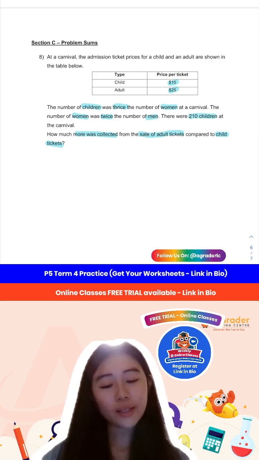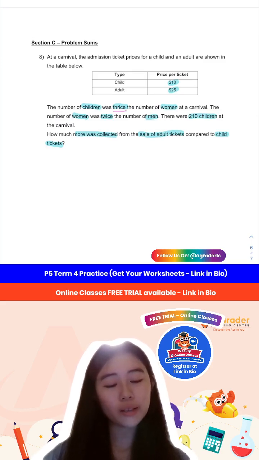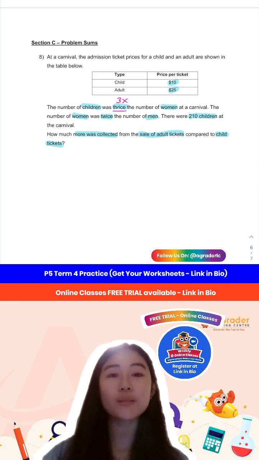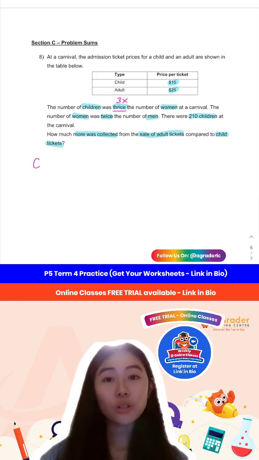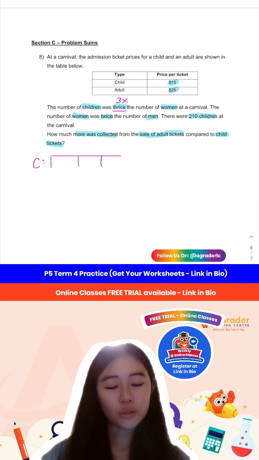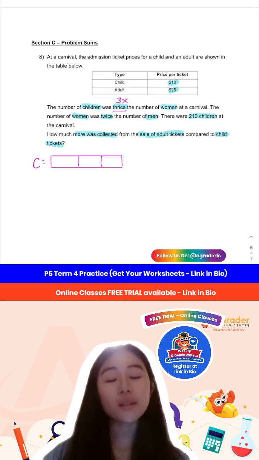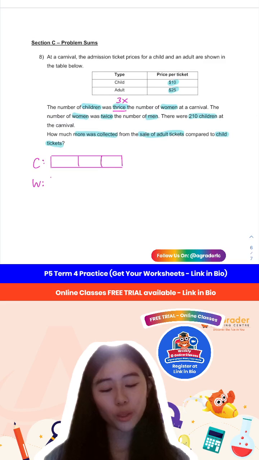So firstly, they said that children was thrice the number of women. The keyword thrice means 3 times. So if I draw a simple model, child will be 3 times. Okay, so like this, and then the women is only supposed to be 1 unit.